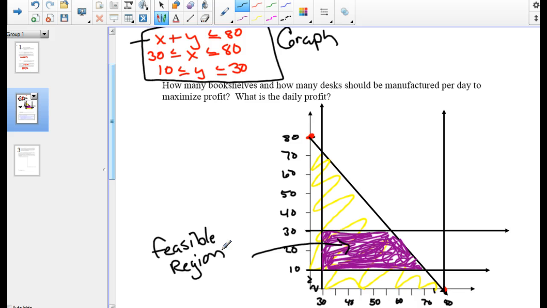Our next step on this would be to find our points of maximum and minimum. So I'm going to put a dot at every corner of that region here on the graph. Okay? Our first corner is at what? 30, 10.